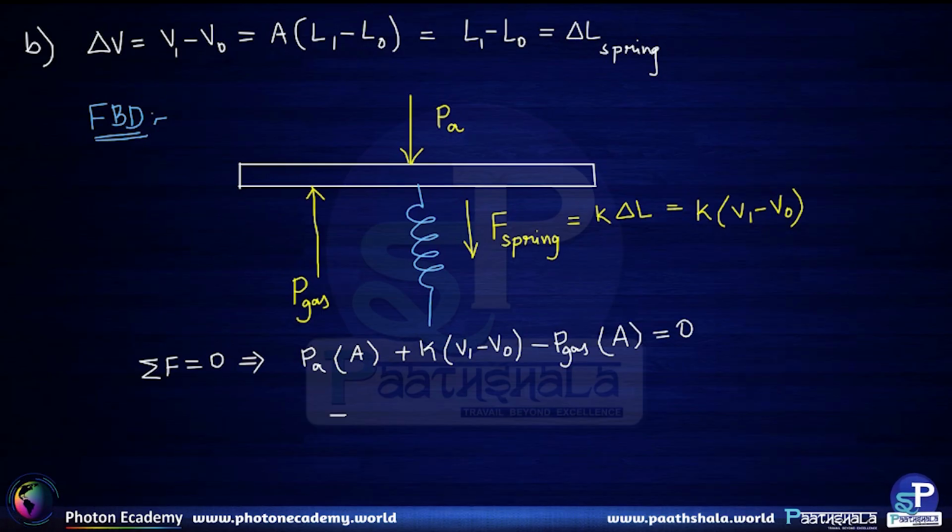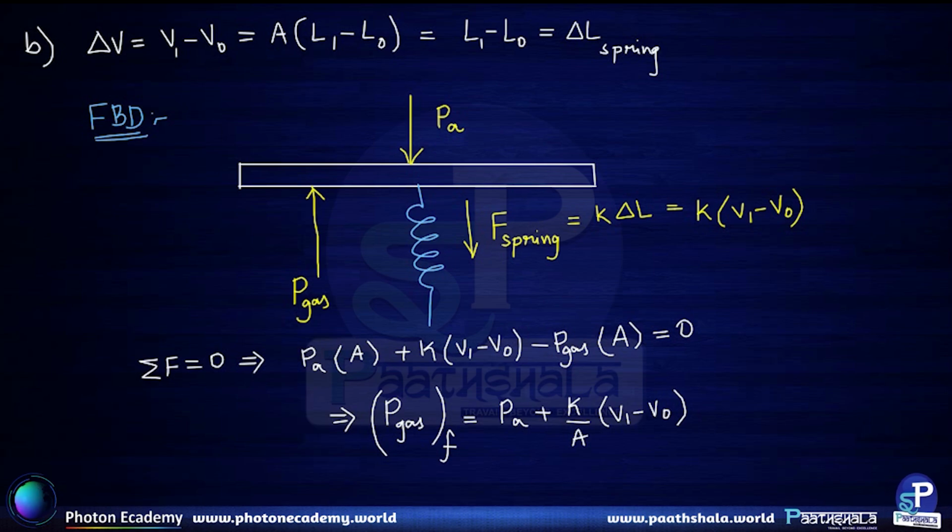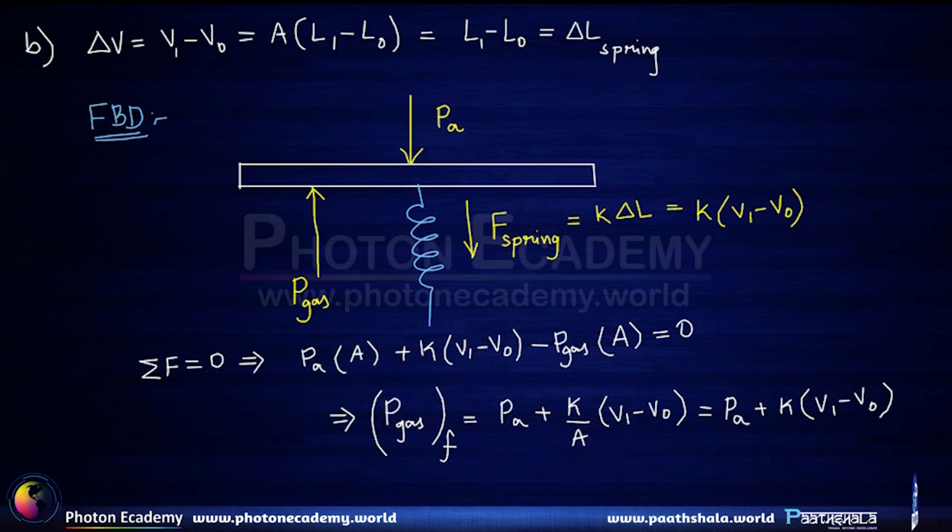So from this we get the final pressure of gas to be PA plus K by A into V1 minus V0, and here the cross sectional area is 1, so this is going to be equal to PA plus K times V1 minus V0. So this is the expression for the final pressure of the gas in the cylinder.